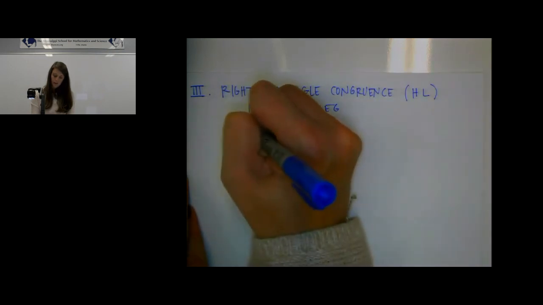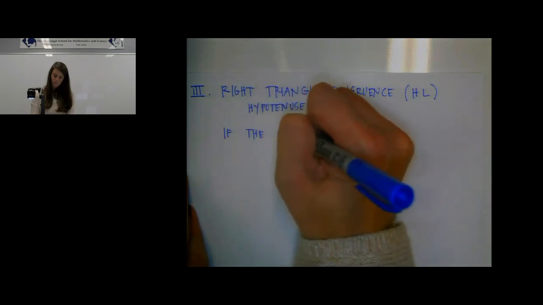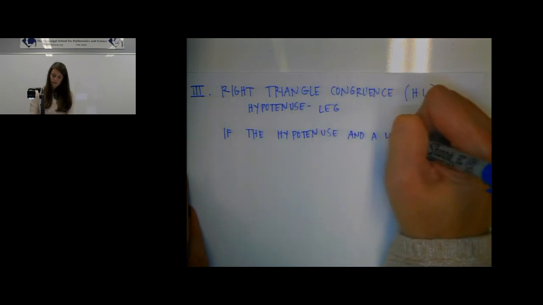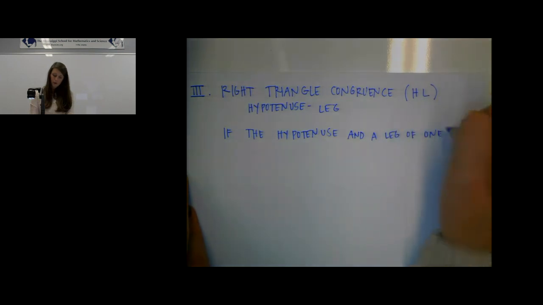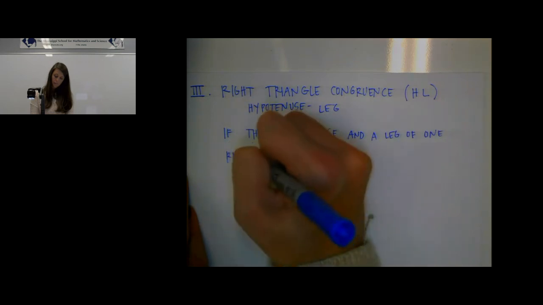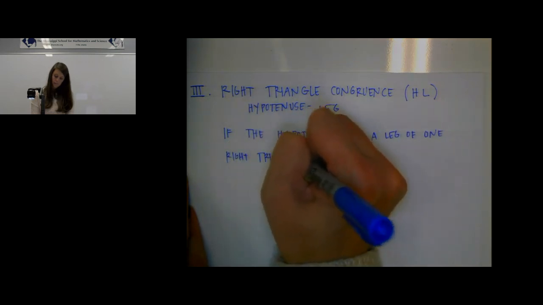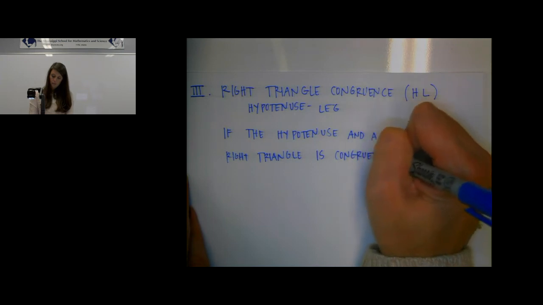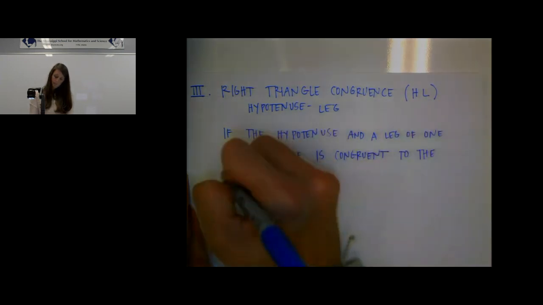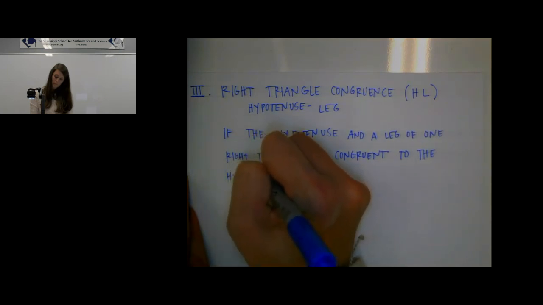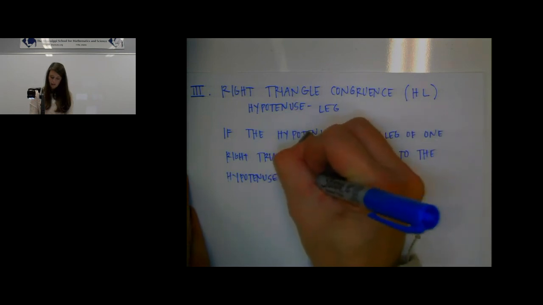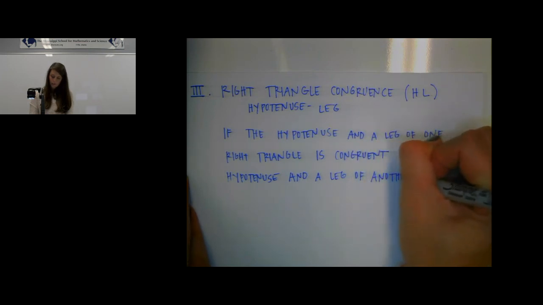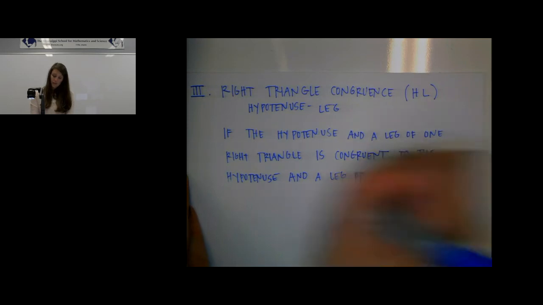If the hypotenuse and a leg of one right triangle is congruent to the hypotenuse and a leg of another right triangle. So what's happening here?